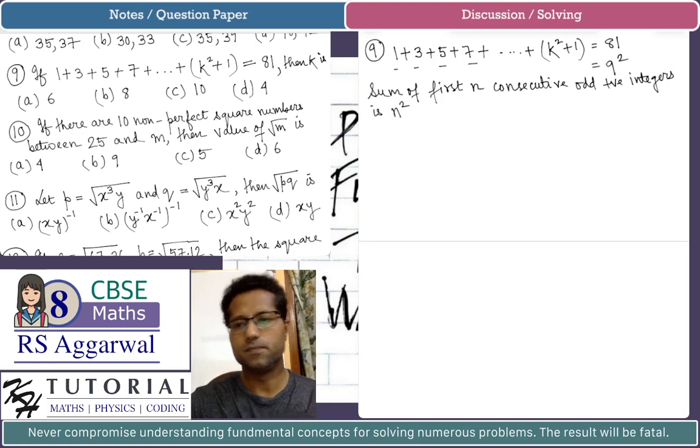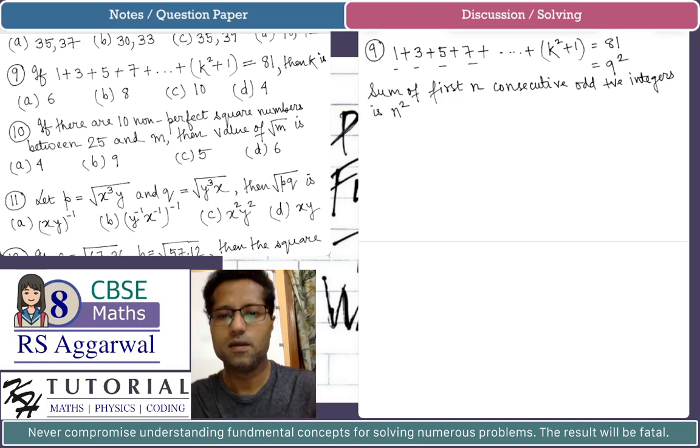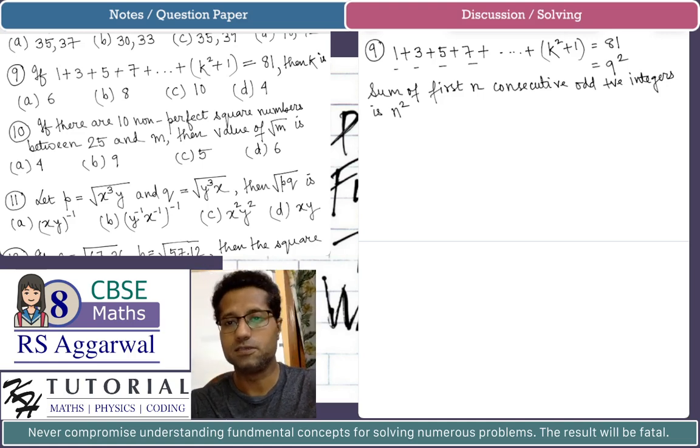We know this property, that the sum of the first n consecutive odd positive integers is n square.